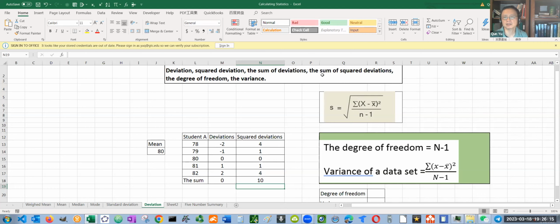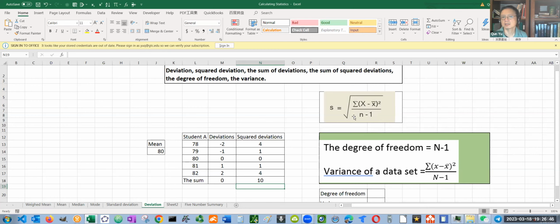Okay, the next one is the degree of freedom. In this standard deviation formula, we are using a sample of the whole population of data. So we have this n-1 on the bottom instead of n. When you are using the whole population to calculate the standard deviation, it will be n instead of n-1 on the bottom.